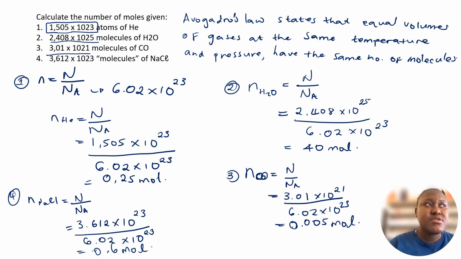If you are using Avogadro's formula to calculate the number of moles, you need to be able to remember Avogadro's constant. Of course, most of the time they will give you that in your question paper, but you just need to know it as a science student.